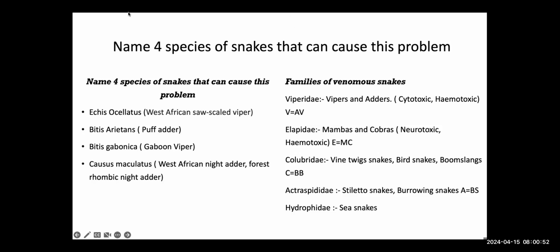Number one is the four species of snake that could cause this. There was one particular species that I expected to be there that I did not see, which is the Naja nigricollis. It has to be part of that four. So Echis ocellatus, what's the other one?